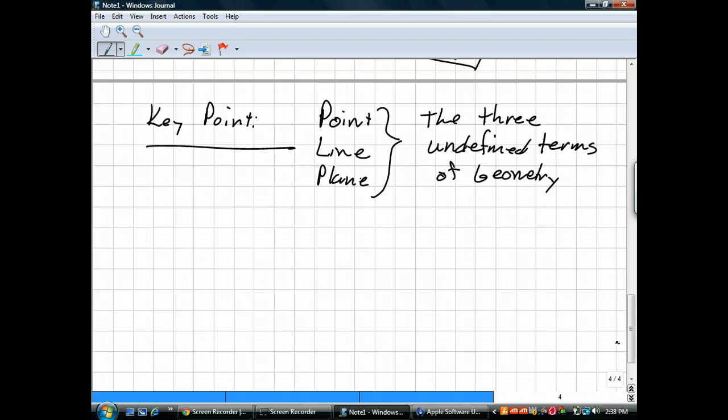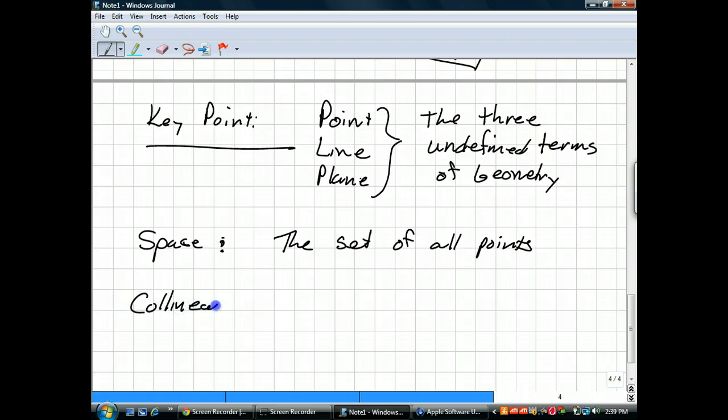The next thing we have is the idea of space. Space is 3-dimensional, and it's defined as the set of all points. Then we have what are called collinear points, which we talked about earlier when we named a plane. Collinear means that all the points are on the same line.